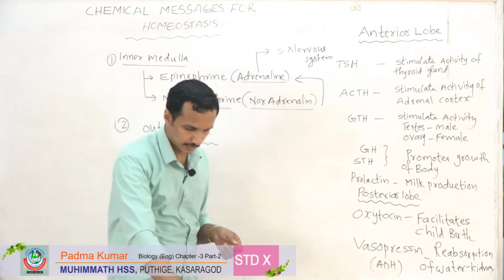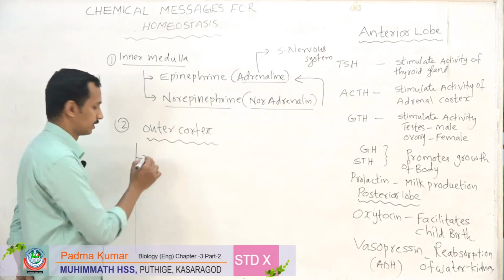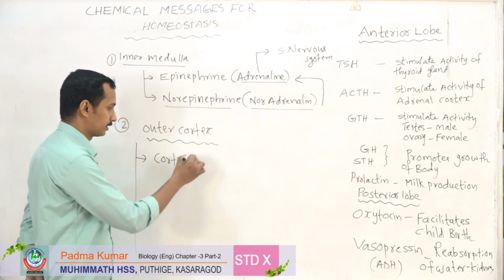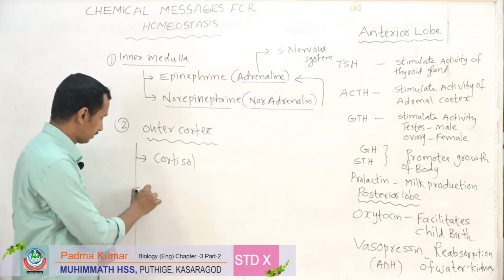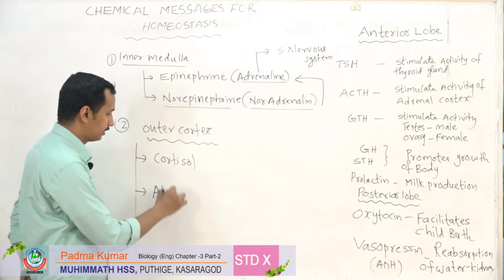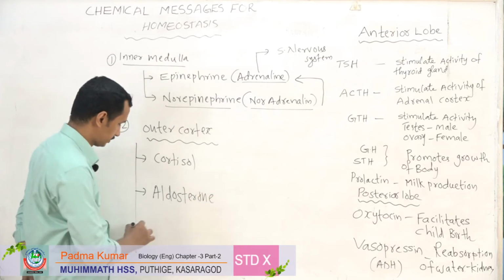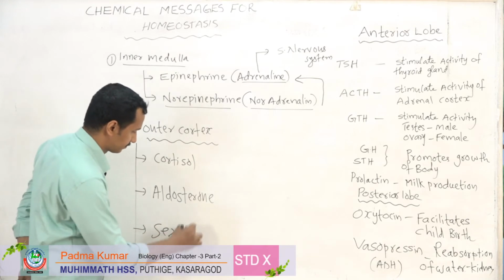There are three hormones secreted by the outer cortex region. The first hormone is known as cortisol, the second hormone is known as aldosterone, and the third hormone is known as sex hormones.